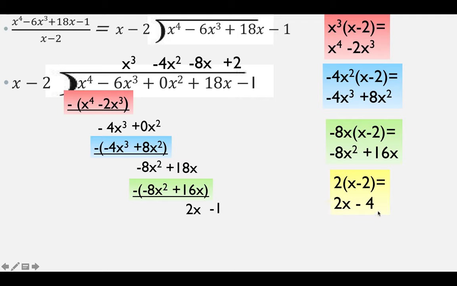So we got 2x minus 4. That's our outcome. We're going to subtract our outcome. So we got 2x minus 2x. That goes away. Negative 1 plus 4. So negative 1 plus 4 is going to be positive 3. Super important, right? It's not negative 3, it's positive 3.